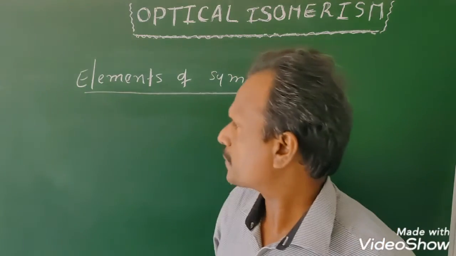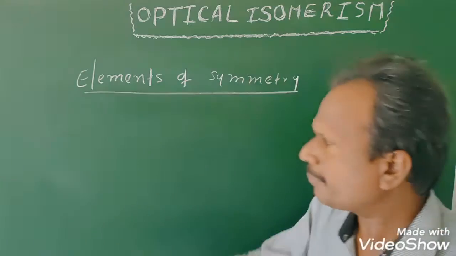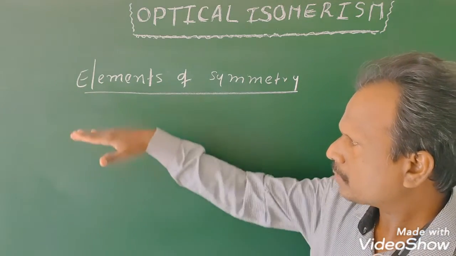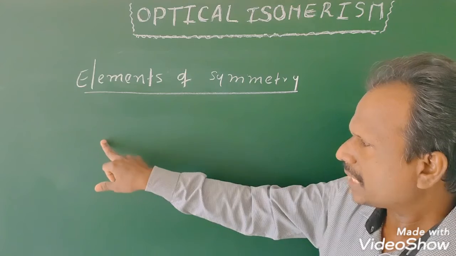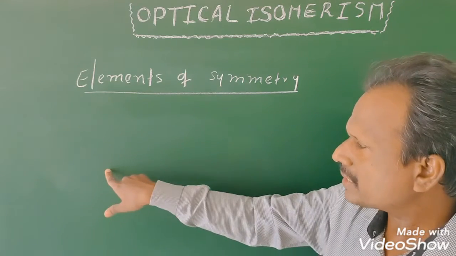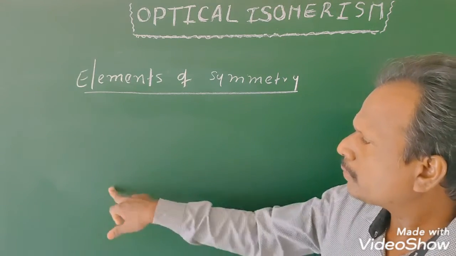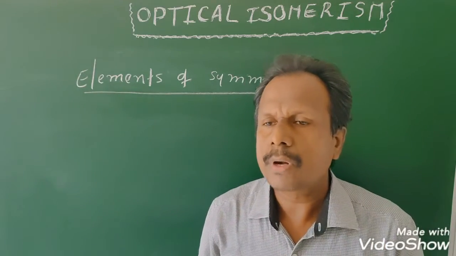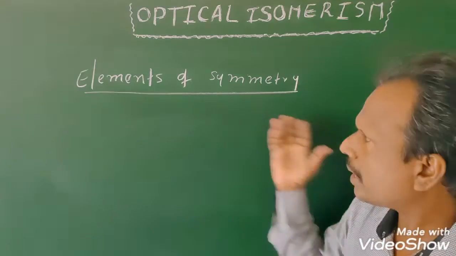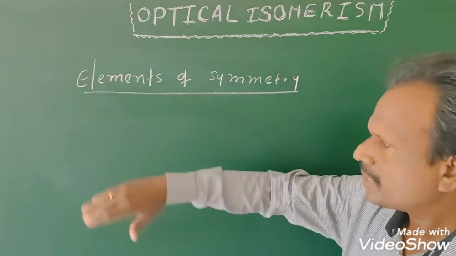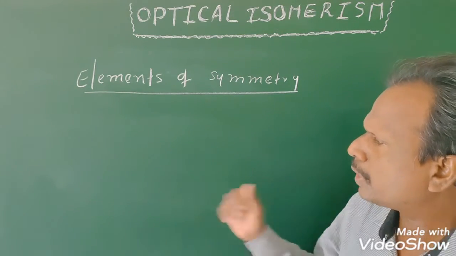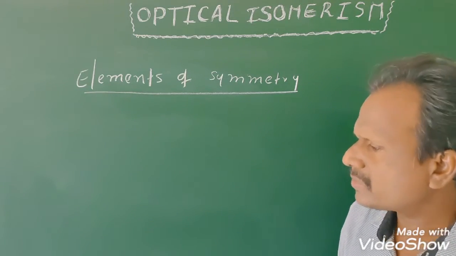There are four types: the first is plane of symmetry, the second is center of symmetry, the third is axis of symmetry, and the fourth is alternating axis of symmetry.